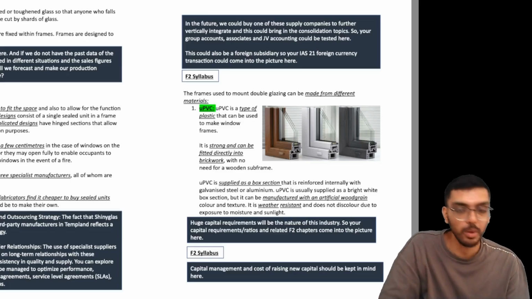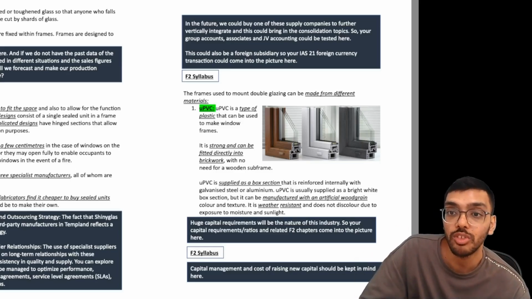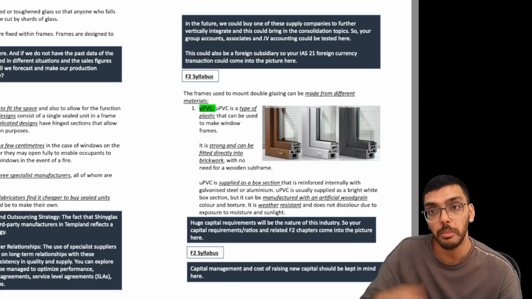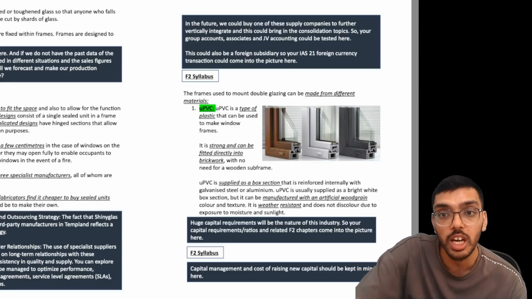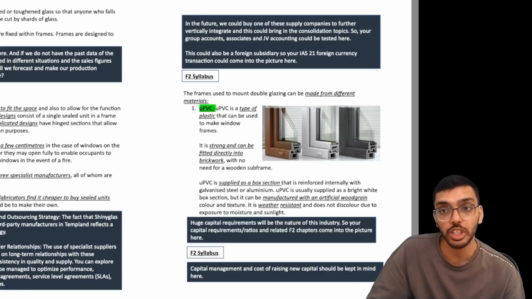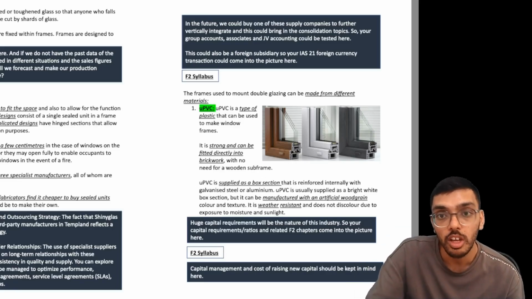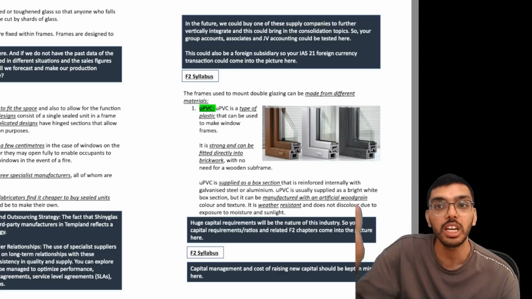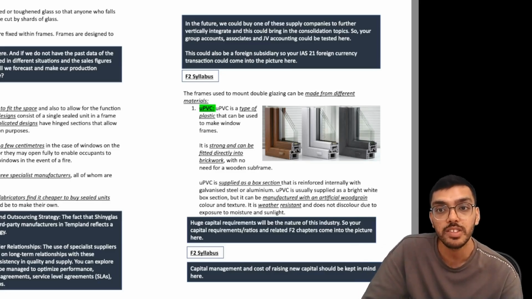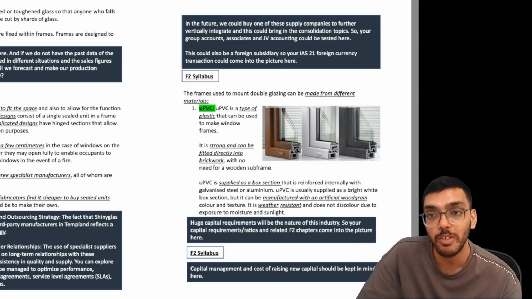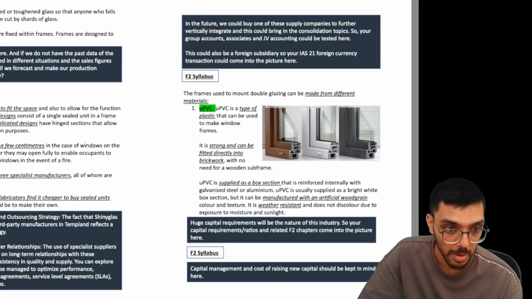So if you buy one of these companies, group accounts, associates, joint ventures could come into the picture. And if this company is in a different country, your foreign currency transactions come into the picture. F2 syllabus. You should be clear with accounting for groups, accounting for associates, accounting for joint arrangements. And I just gave you a scenario where IAS 21 can also come up, foreign currency.